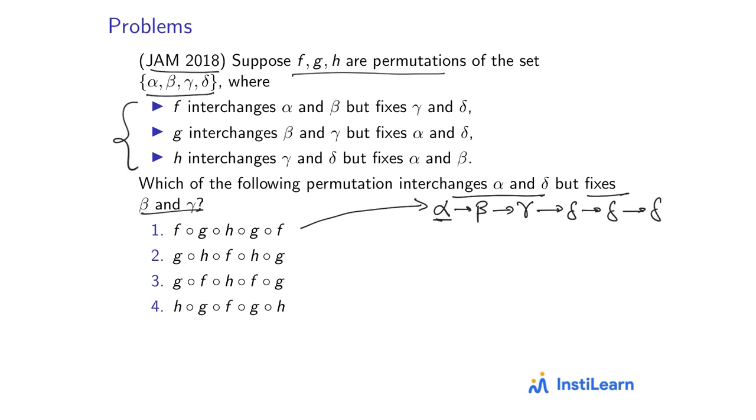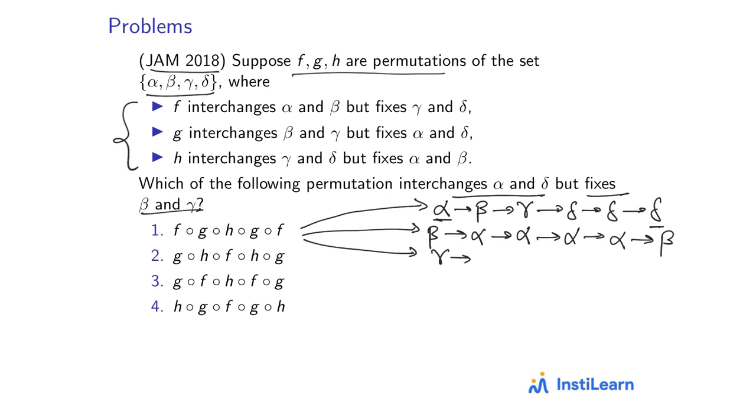So in this, alpha is going to delta. And what is happening to beta here? Beta is going to alpha under F. Under G, alpha is fixed. Under H, alpha is fixed. Under G, alpha is fixed, and under F, alpha is going to beta. So beta is fixed.